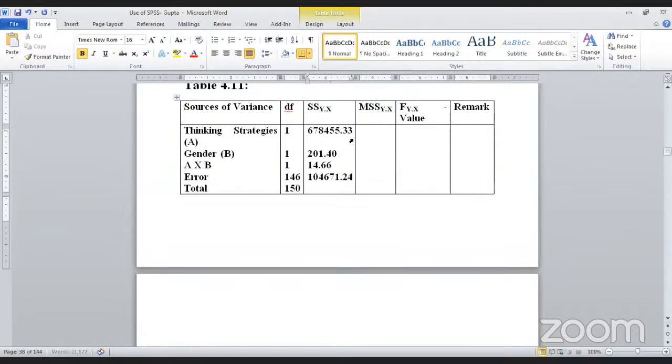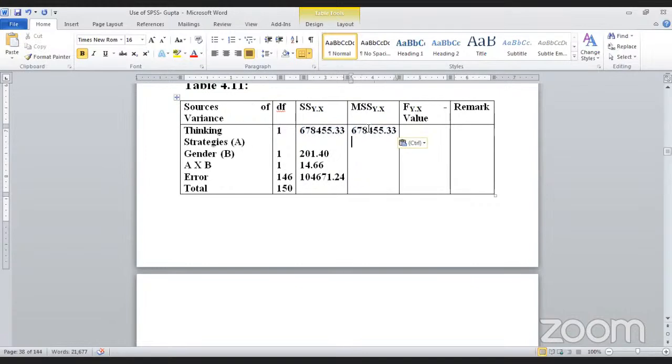Then MS is 678455.33 divided by 1. It will be the same. 201.40 divided by 1 is 201.40. 14.66 divided by 1 is 14.66.